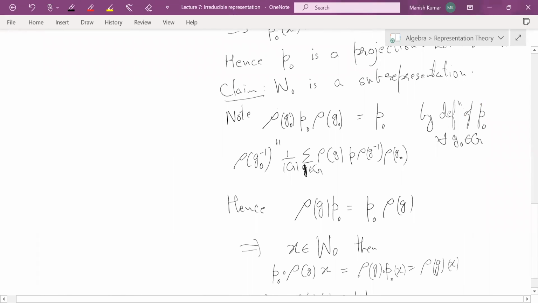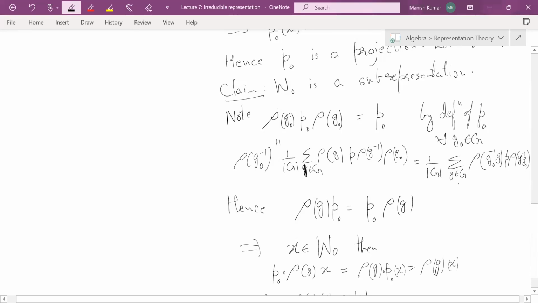So you have to take the sum over this. I'll push this inside and pull out the summation. So this is the same as 1 over the order of G, sum over G in G, and rho Z0 inverse G is the same as rho of Z0 inverse G, P, rho of G inverse G0.